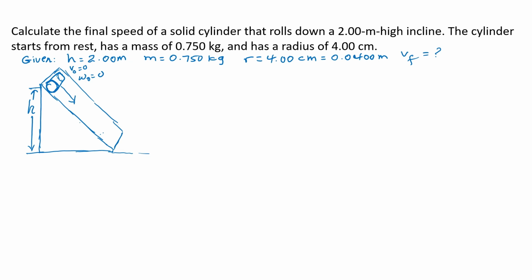So we know that energy is conserved. That means initial energy is equal to final energy. Initial energy is mgh plus kinetic energy, half m v naught squared, that's translational, and then we have kinetic energy rotational.